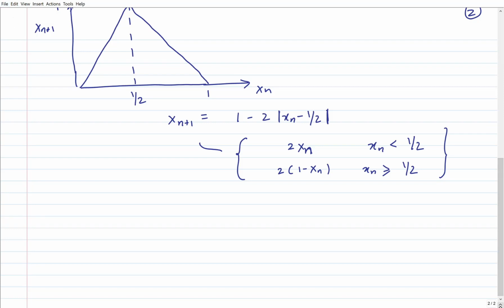This can be visualized as an alternating sequence of stretching and folding. So what happens is that you start with an interval 0, let's say half, 1, and you stretch it to twice the length. So this point gets stretched over here.